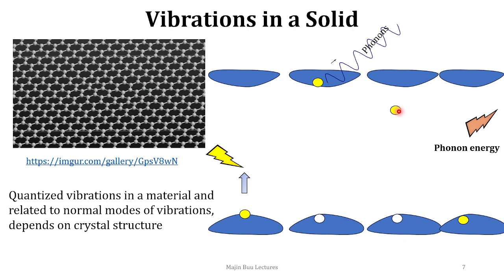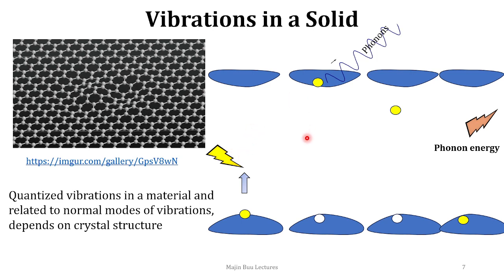Now, this electron in the second excited, that is the resonant state, will again come back to the conduction band along with the release of the phonon energy as mentioned. Now, this energy that is released is representative of the vibrations associated with the solid, and gives information about the crystal structure.